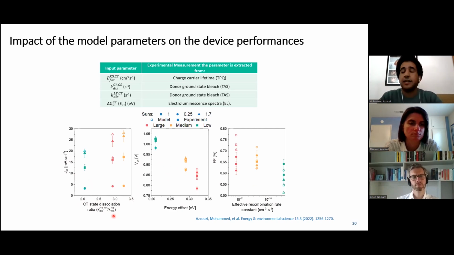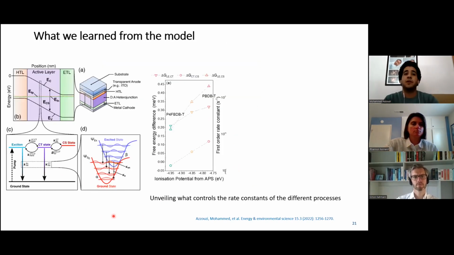And then the other thing that we can learn from this is that we can use this model to try and infer some relationship between the properties of the molecules and the parameters of the model. So for example, here we compared the ionization potential, which we measured from APS of the 3 donors, and the difference in energy between the states that we got in the model.